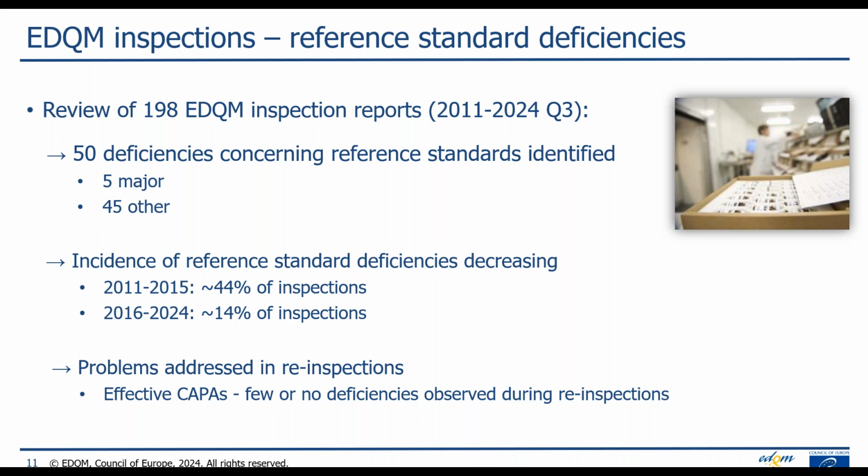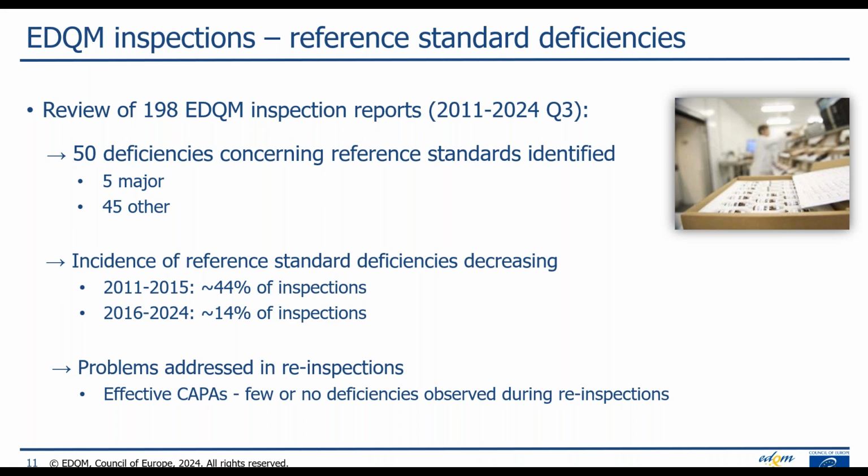However, it was noted the incidence of reference standard deficiencies is decreasing. So I suppose in the first few years of this review, there were deficiencies identified in approximately 44% of inspections. But in the more recent inspections, the incidence of these types of deficiencies has decreased.